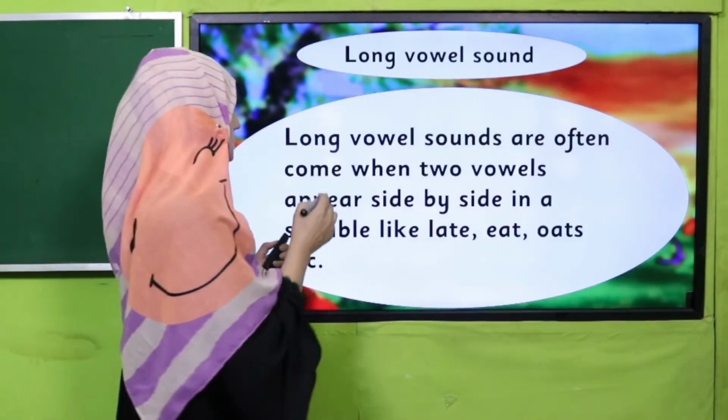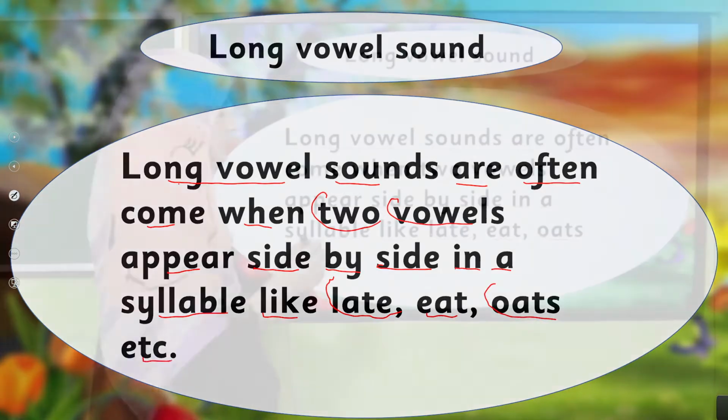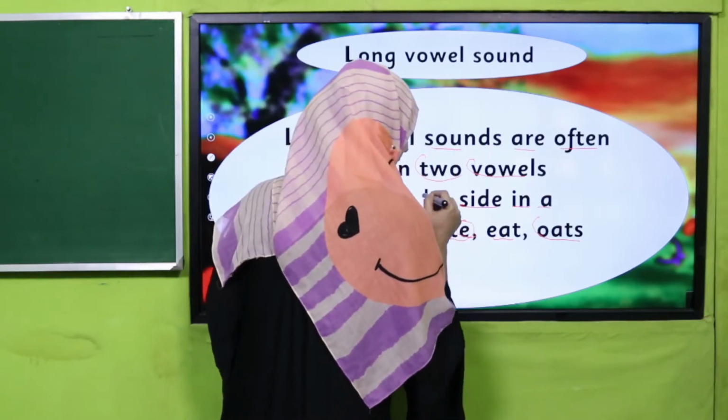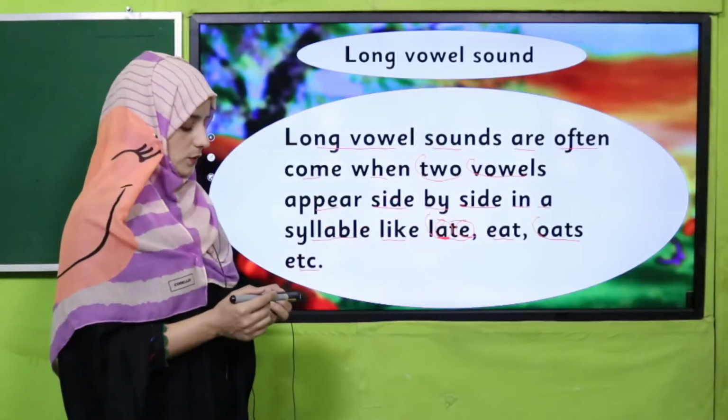And long vowel sounds often come when two vowels appear side by side in a syllable, like late, eat, oughts, etc. So these are two vowels together side by side and they are also followed by a consonant. That's why they will give us a long vowel sound.